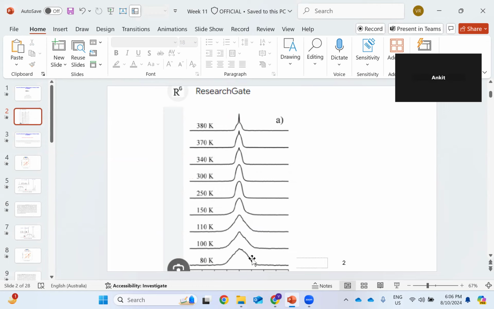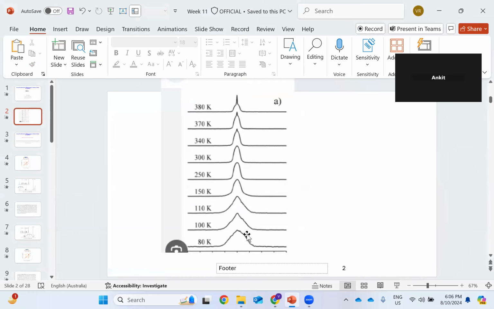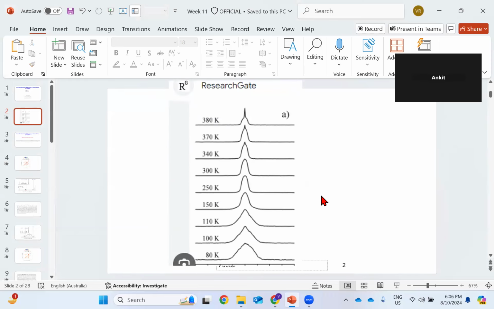It is not like a broad singlet. It is a multiplet. There are small humps. If you zoom the spectra, we will observe the multiplet patterns hidden inside this signal. So in terms of multiplicity, it does have an effect. Multiplicity is different at different temperatures, but not that much here.